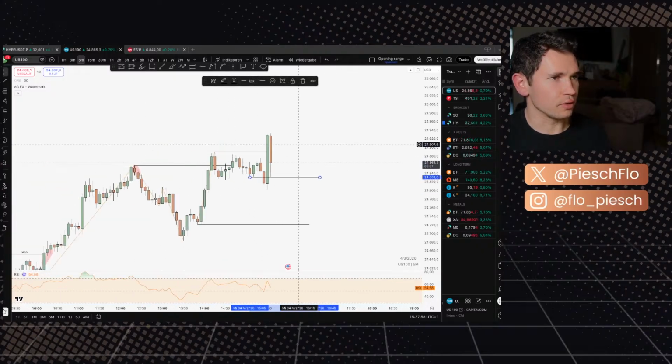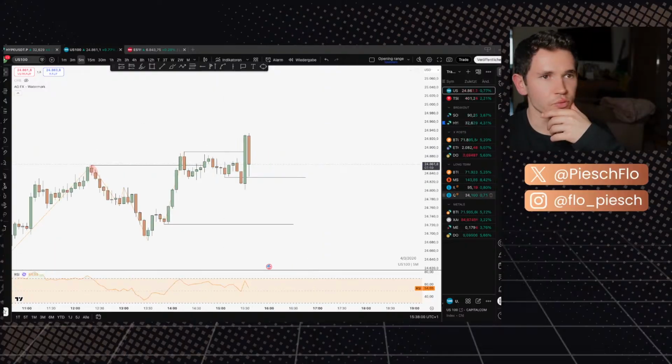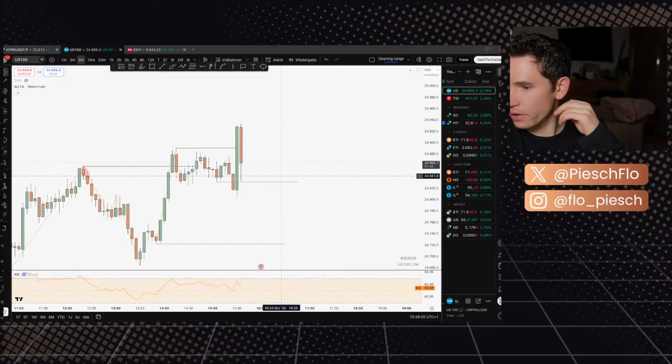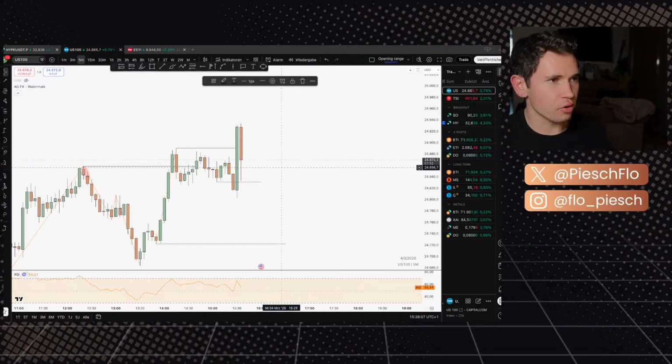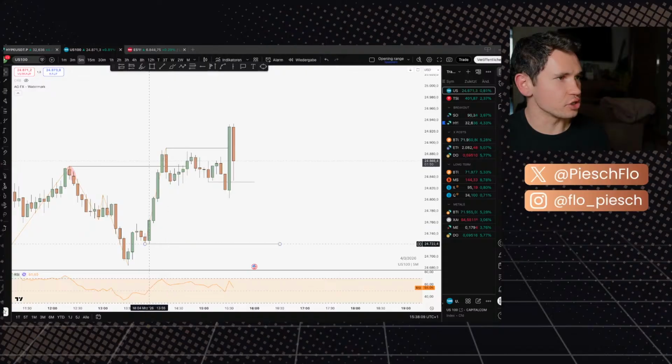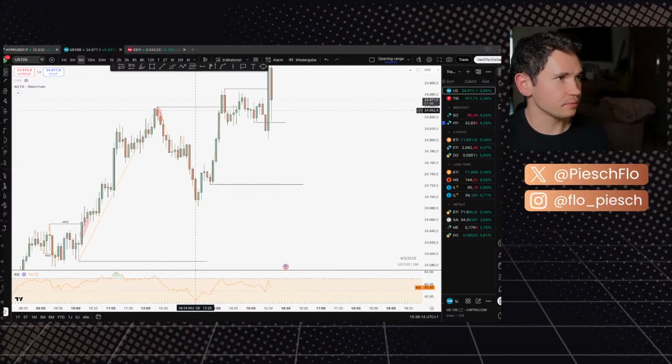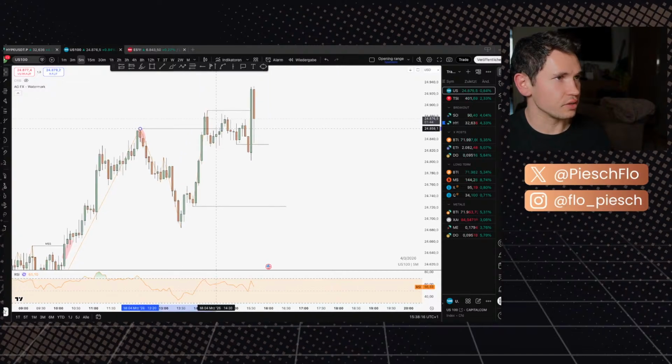For now it's this one. So we have to wait for price action to develop a little bit more, and then we can say more. Currently market is obviously bullish. We had this low, this is all one leg. We continued higher right here.